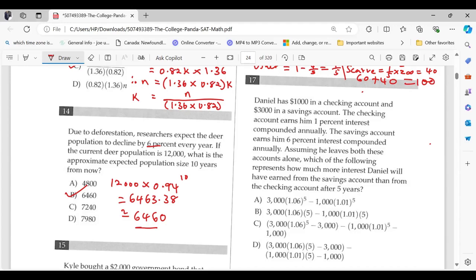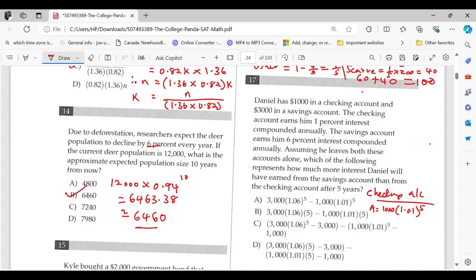Question number 17. Let's take checking account. So for checking account, the amount is going to be 1,000 into 1.01 raised to power 5.